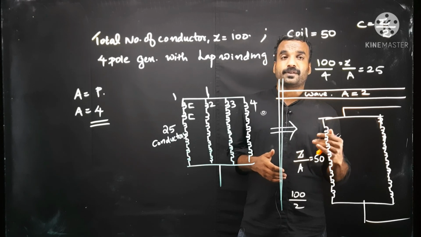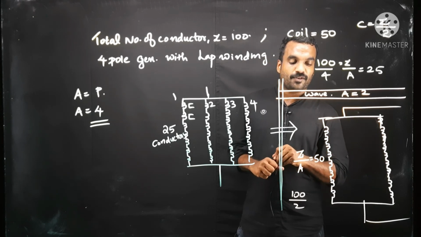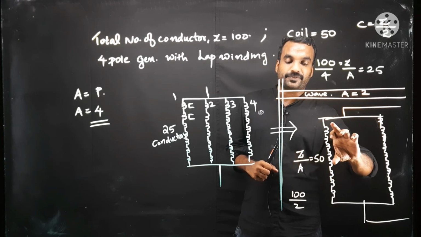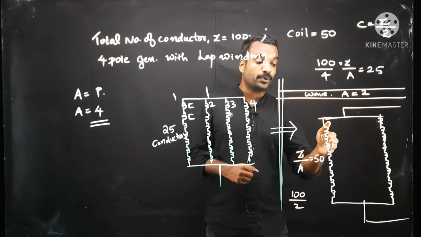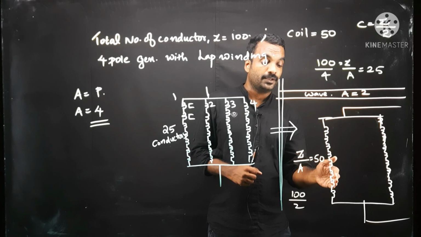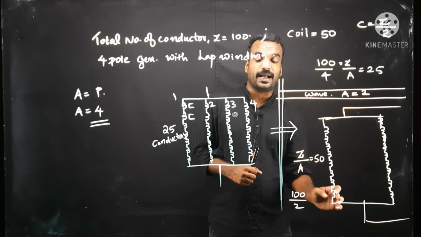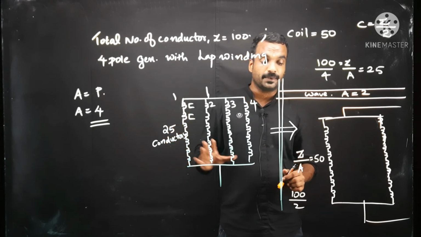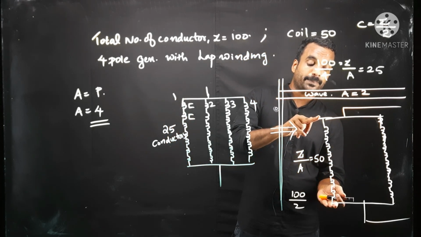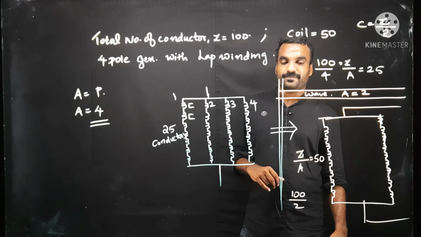Current will be the same, but voltage increases. Voltage in each parallel path will be more in this connection, because in series voltage gets added up. Here 50 times voltage will add up, whereas in this connection 25 times voltage will be added up. So voltage in a parallel path will be high for this connection.